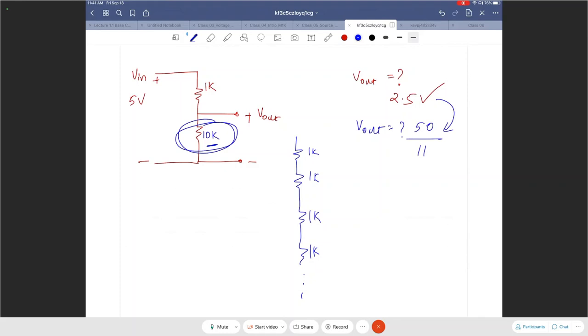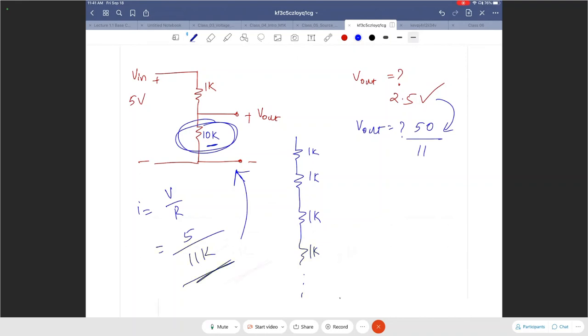We don't need to know I. I is V divided by R, so 5 divided by 11K for this circuit, but we wouldn't need to find that out for this application.